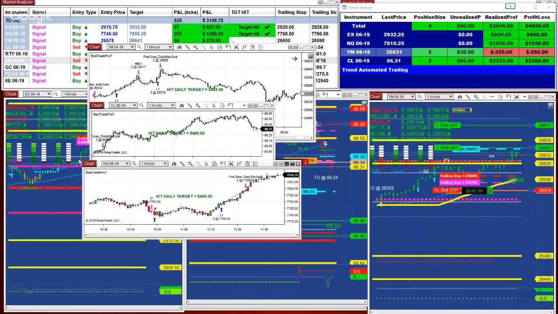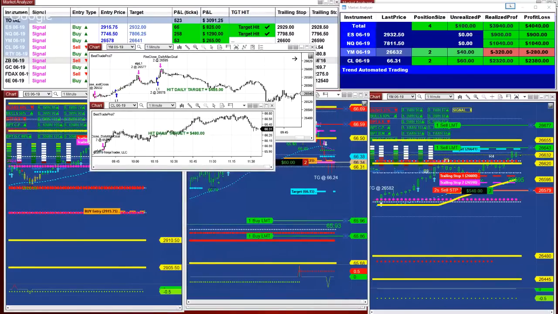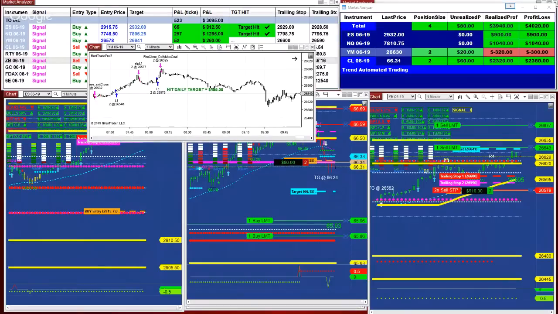So when we are testing, it's different than when you are testing. We are testing the entries, how it handles the chop market, and then we are testing with and without a filter.